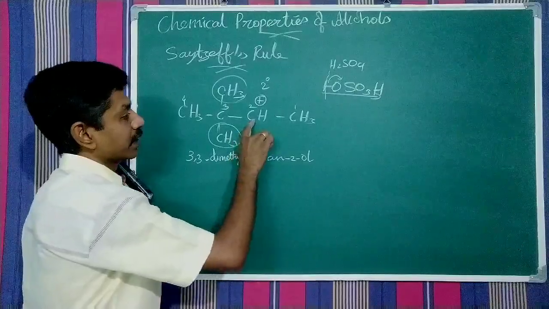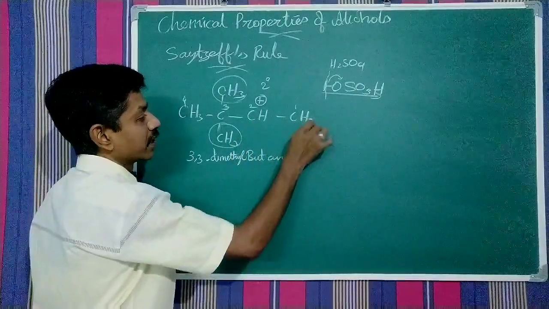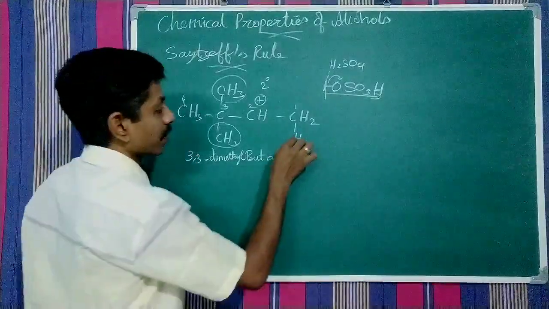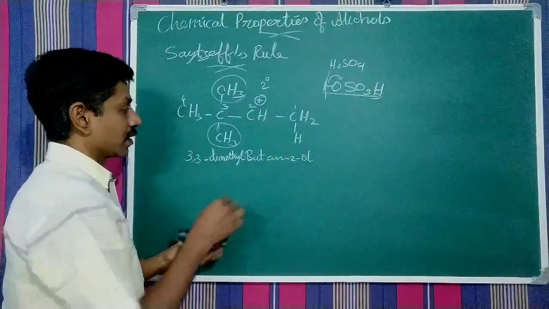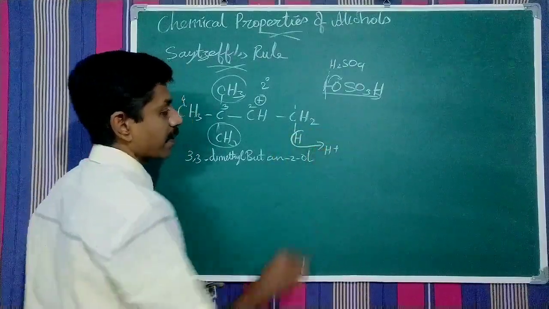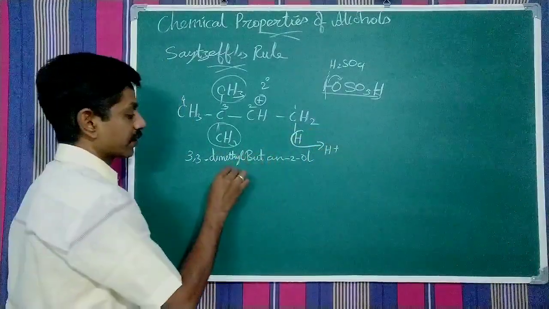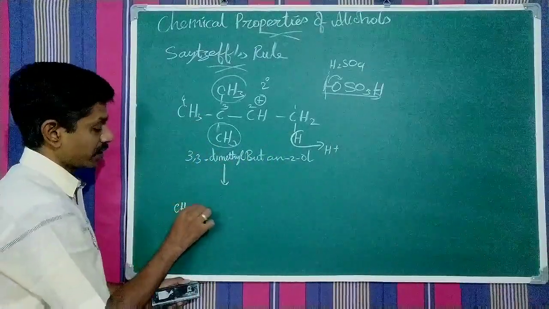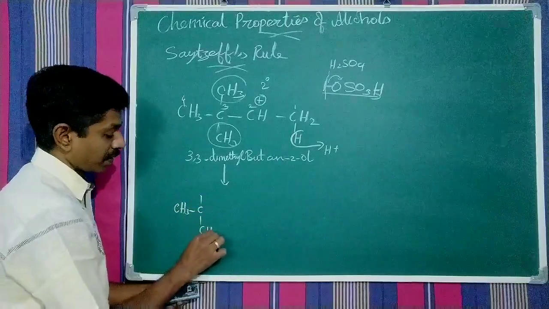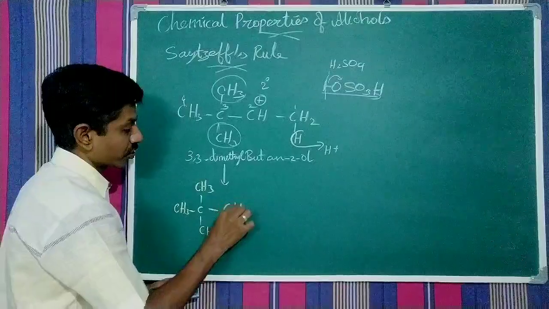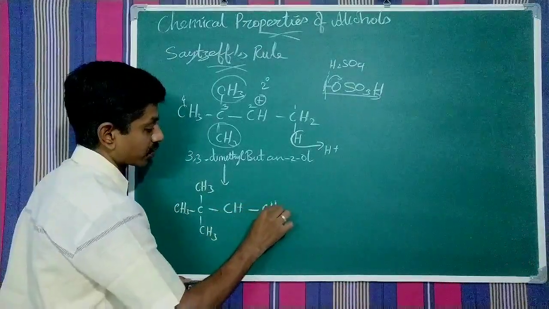To this carbon, in the beta position, there is one hydrogen available. So what is the next step? One possibility: this hydrogen will be removed as H plus. Because of that you will get one compound, as such I am writing CH3, CH single bond CH2.